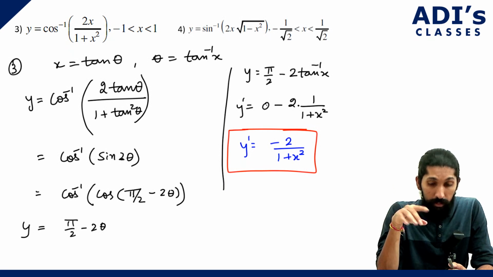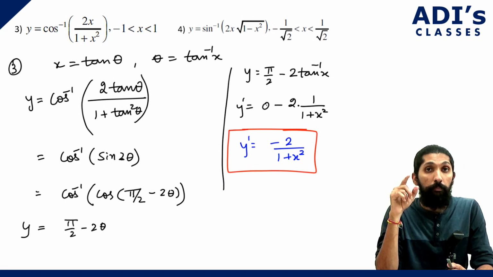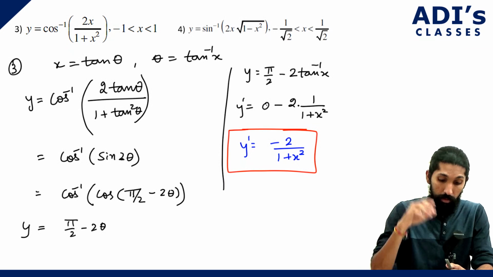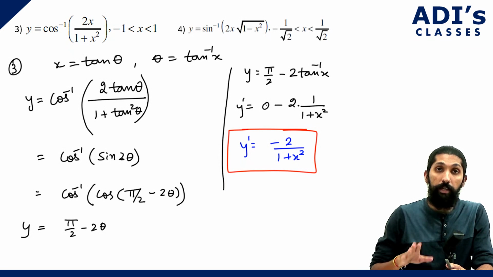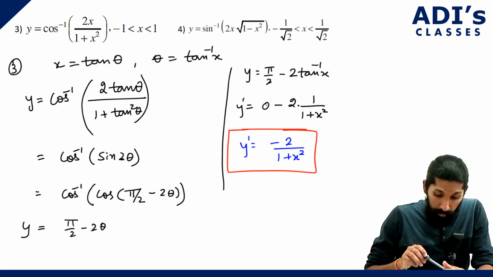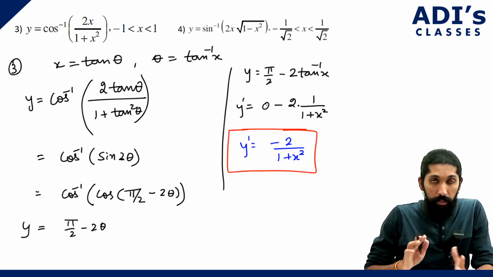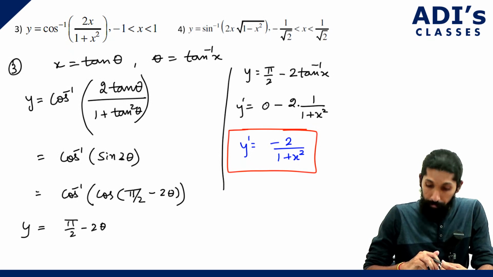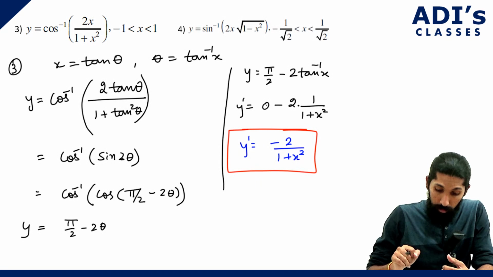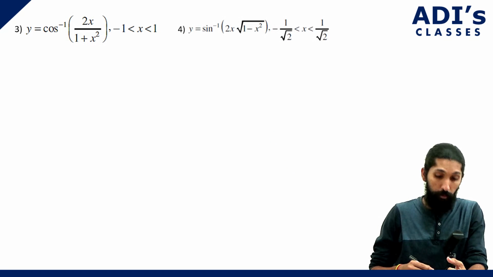Understood? Likewise, in this question also, it is from minus 1 to 1. Isn't it? When it is from minus 1 to 1, whatever value we are taking is going to be in that particular range itself. Understood? That's why the range, what they're giving, is quite important. And the answer for this is going to be this. Well and good. Now let's do the fourth one. See the fourth one?